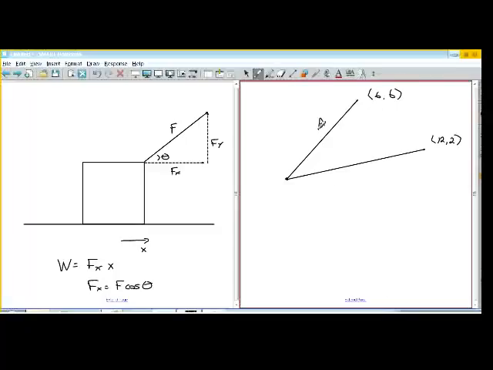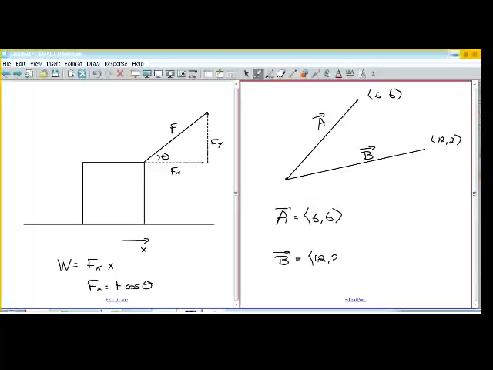And this vector is more in the x direction. So let's say it is 12 in the x direction, but only 2 in the y direction. Those are our two vectors. Let's say this is vector A, and this is vector B.